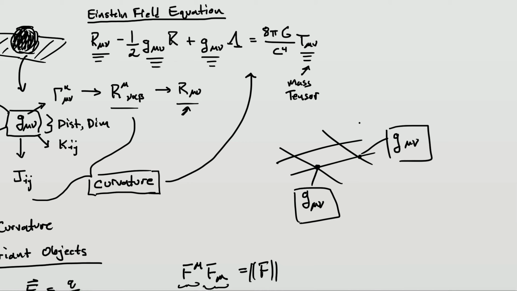Because you might have a black hole right here, causing this area of space to warp more than this area of space, so the notion of distance in this area might be different than in this area.